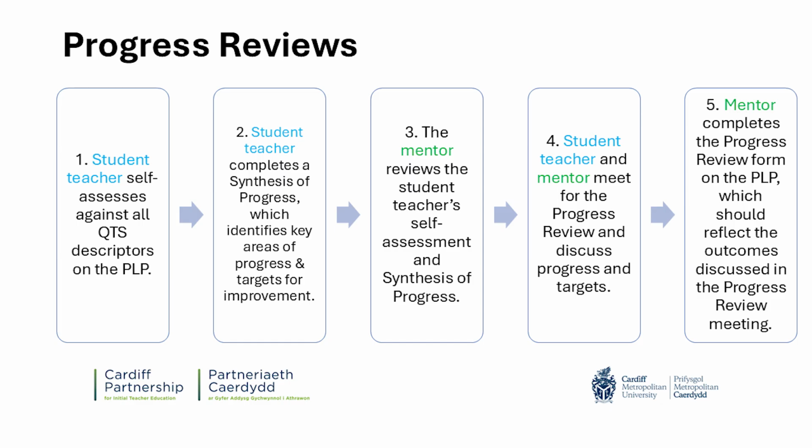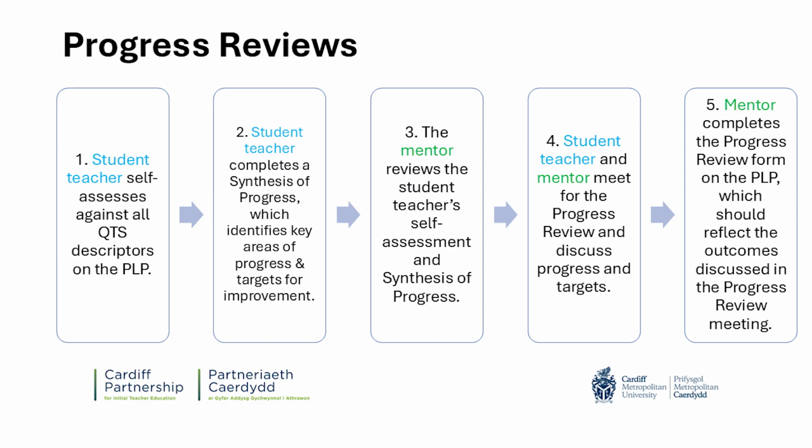What have they said their key strengths and areas for improvement are? Then step 4 is when the student teacher and the mentor get together for the progress review and you review and discuss the student teacher's progress and targets. So that's a combination of reviewing the synthesis of progress and also reviewing their self-assessment.